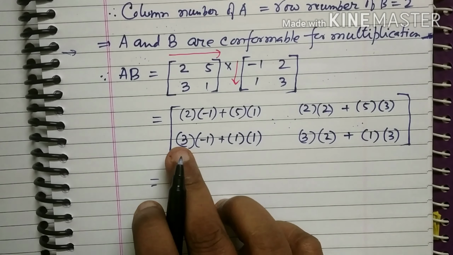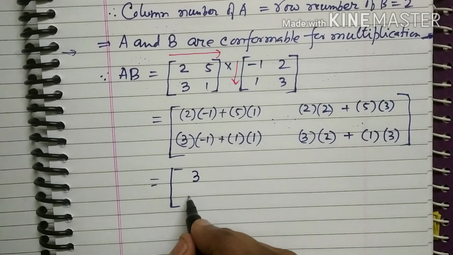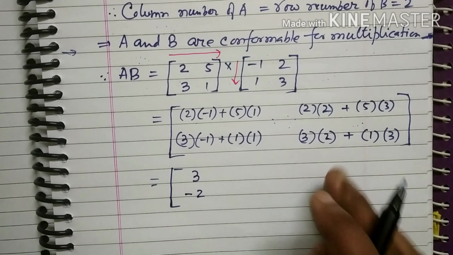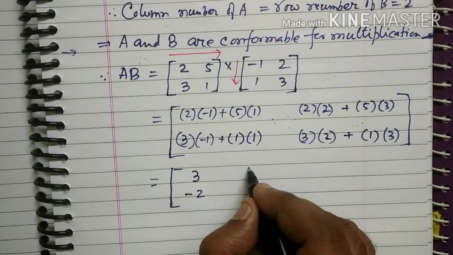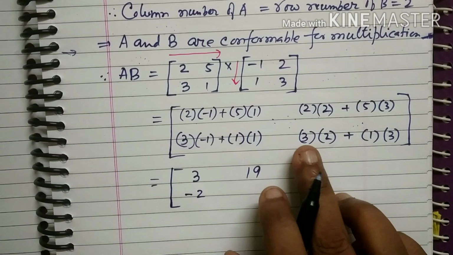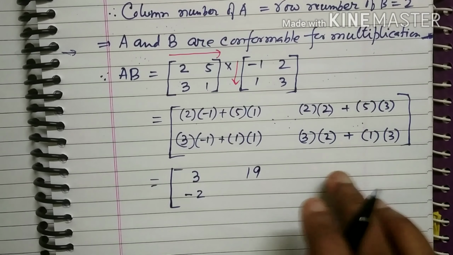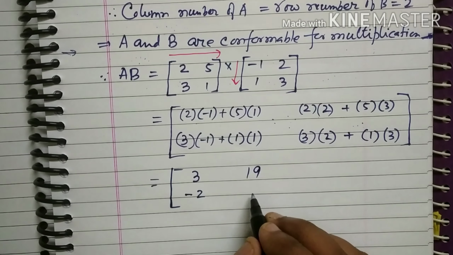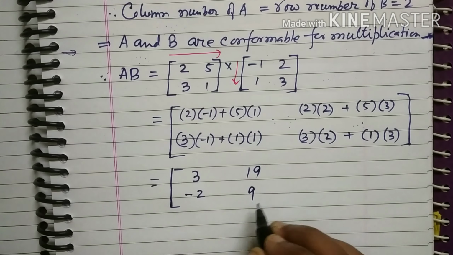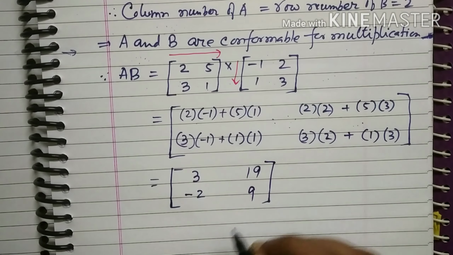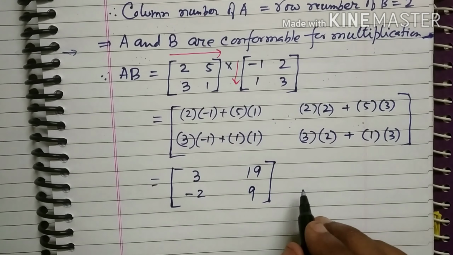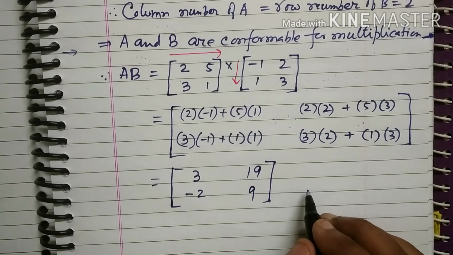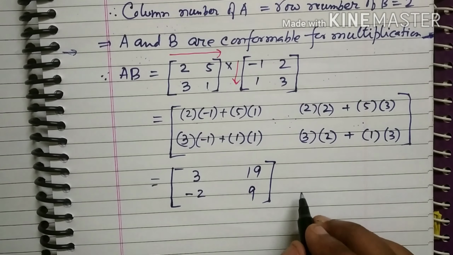From here minus 3 plus 1 is minus 2. 4 plus 15 is 19. 6 plus 3 is 9. So this is all about the calculation for a 2 cross 2 type matrix.